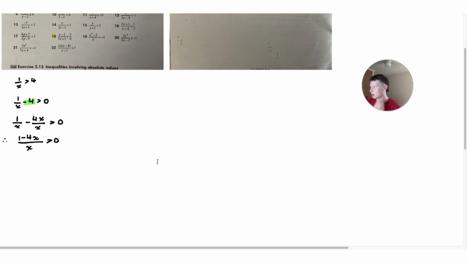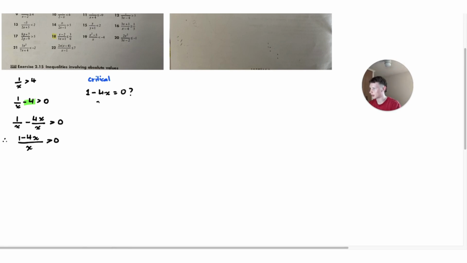Now the next step, once we've got this in relation to 0, is to try and find critical numbers. Critical numbers being where either the function breaks or it switches from being a positive or a negative solution. Meaning, when does 1 minus 4x equal 0?